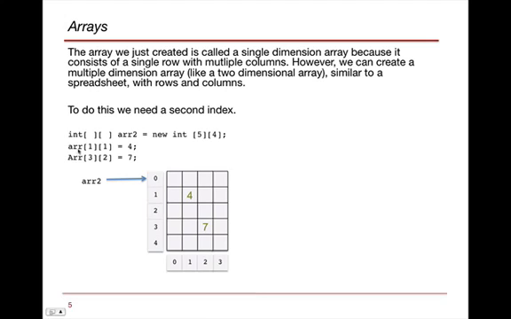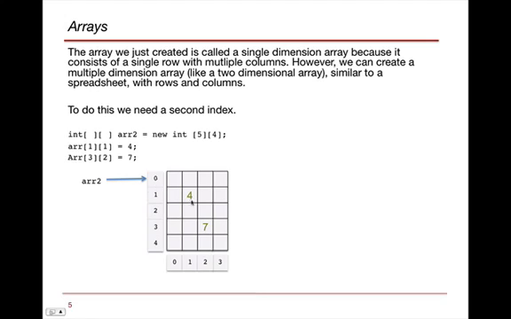In this case, we have ARR 1 1 equals 4. So we go to the ARR 1 row, 1 column, and we put in a 4. In the case of this one, we go to 3 and 2. And these should be ARR2, not ARR. But 3, 2, which is going to be 7. And so it'll put those values into the 2-dimensional array.